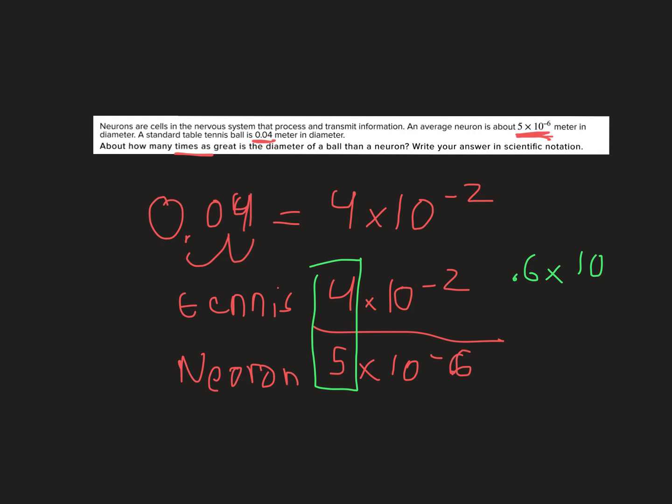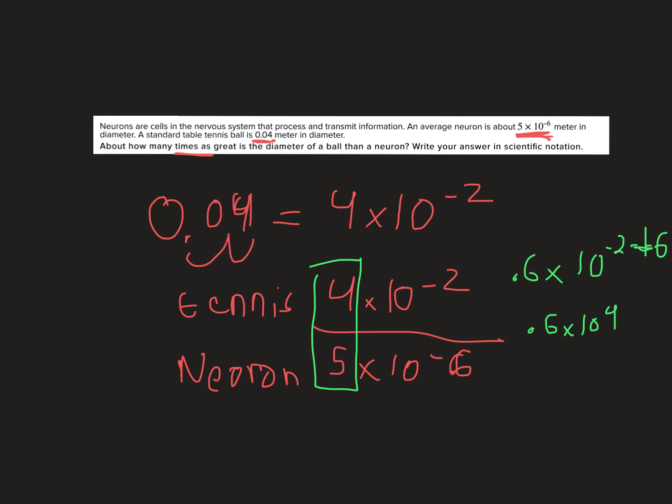According to our laws of division, you can subtract those. So we have -2 minus -6. Those get combined together to add. -2 plus 6 is 4. So 0.6 times 10 to the 4th power.